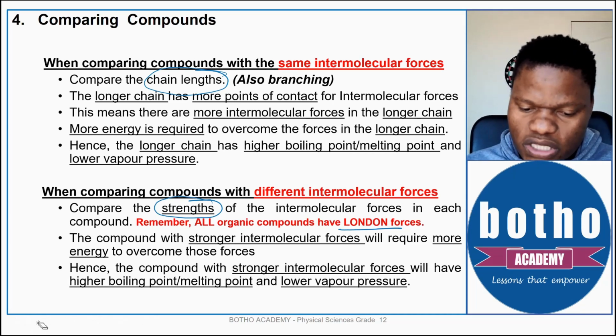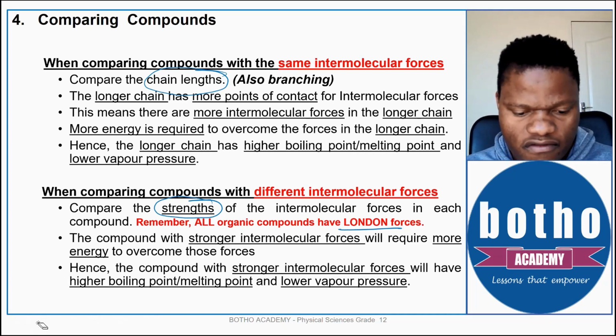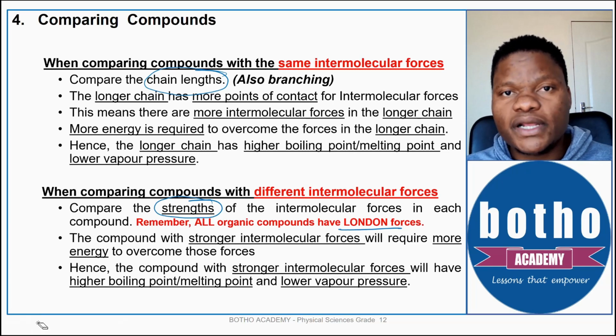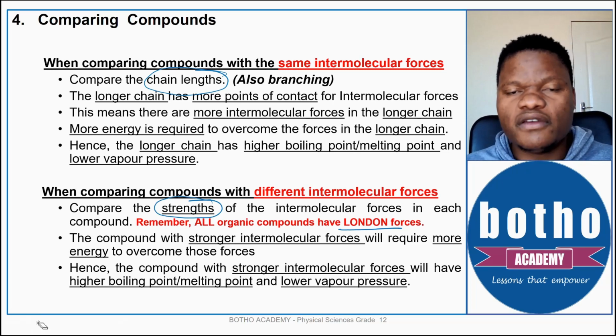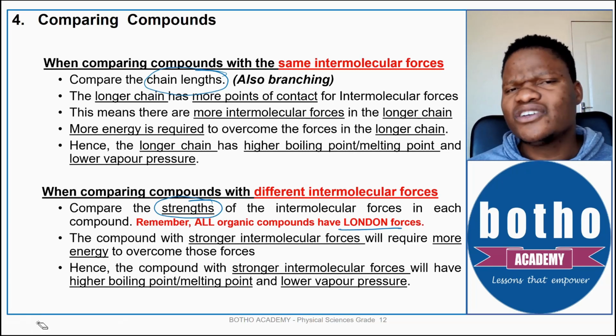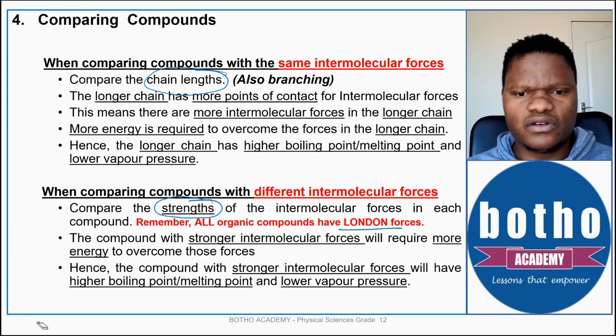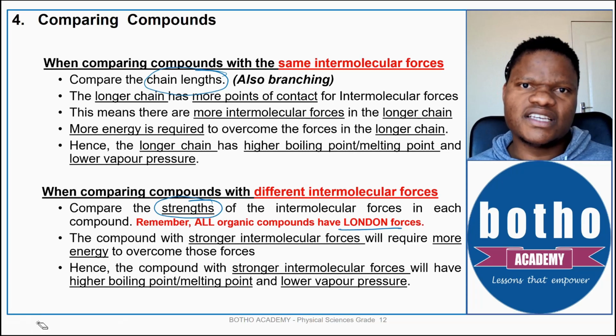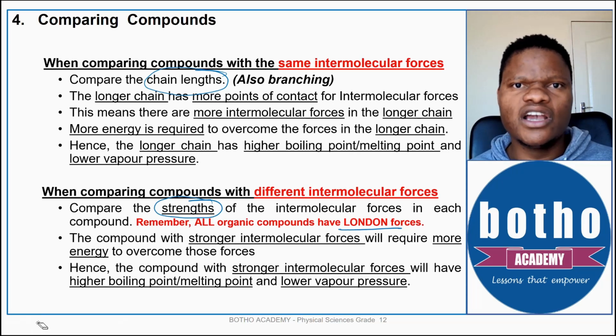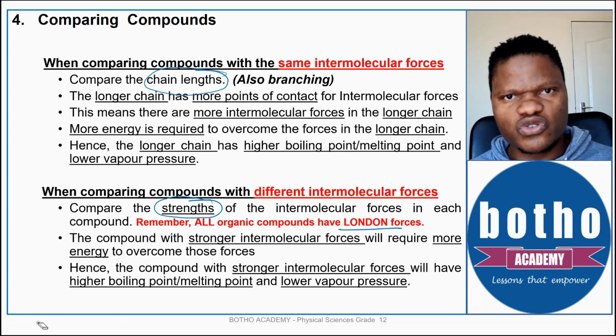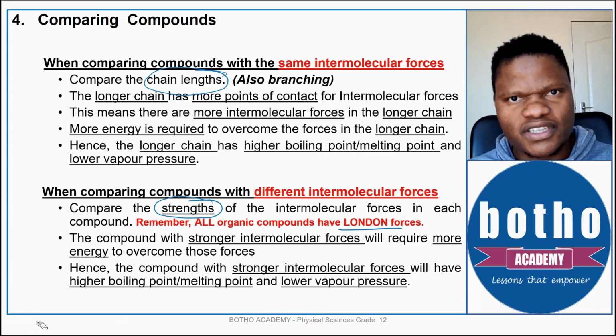The compounds with stronger intermolecular forces will have a higher boiling point or higher melting point and lower vapor pressure. This is something you have to pay a lot of attention to, but everything is centered around understanding which type of intermolecular forces are found in the compound that you are studying.